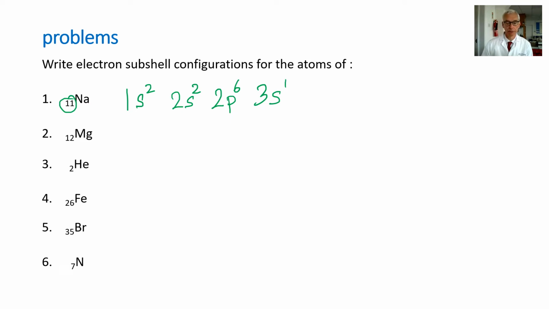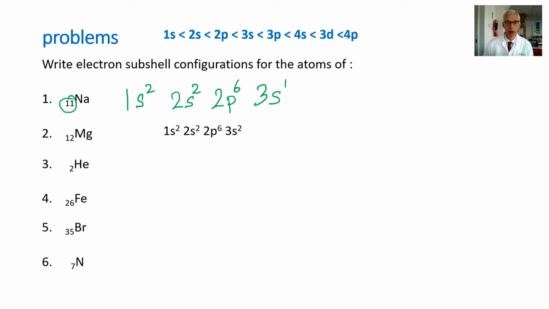Now, I'd like you to try to write the electron configuration in terms of subshells for magnesium. Try that one, we'll go through it, and then you can attempt the others. So pause the video and write the subshell configuration for magnesium. Okay, so revealing the order of filling, and here is the subshell configuration for magnesium.